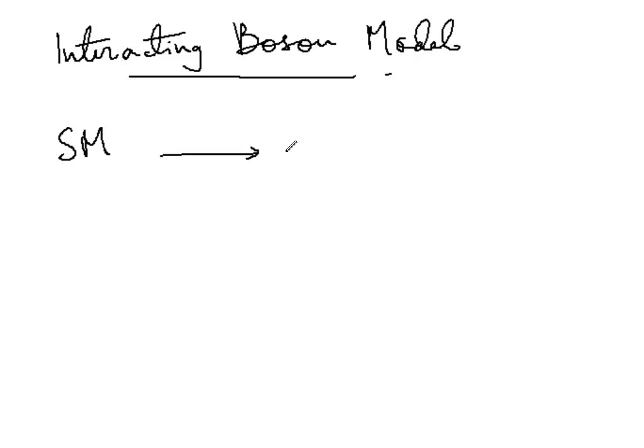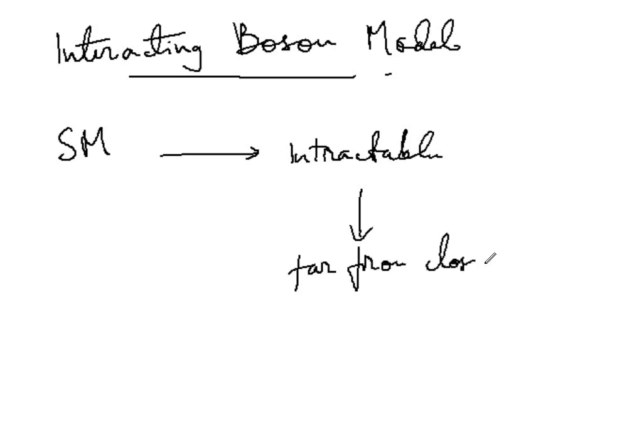Now this becomes intractable if we move far from the closed shells. So this means that it becomes very difficult to solve the problem, to understand the excitation spectra clearly using the shell model.